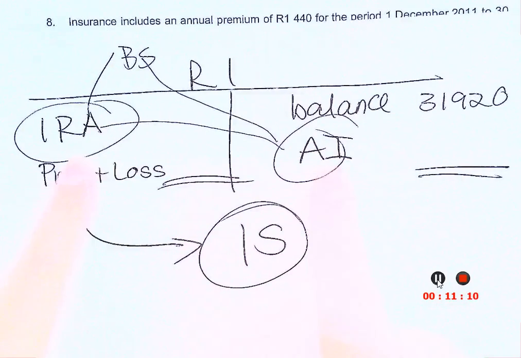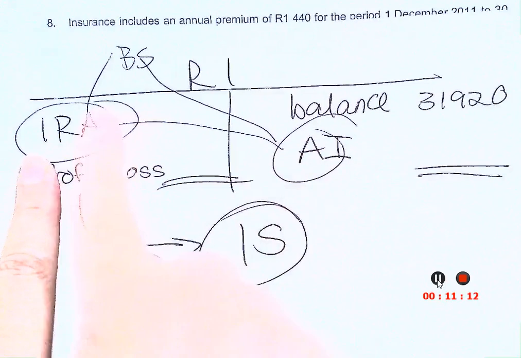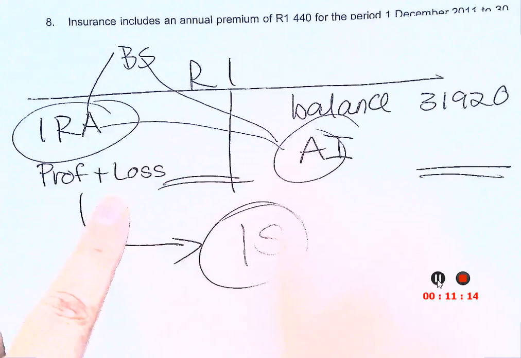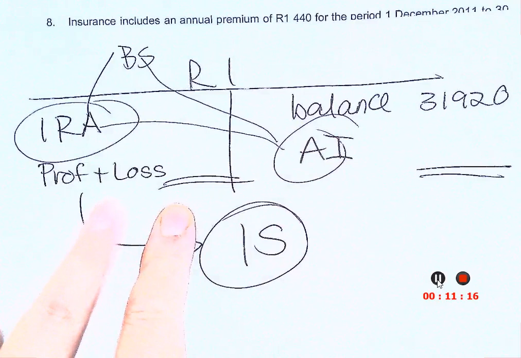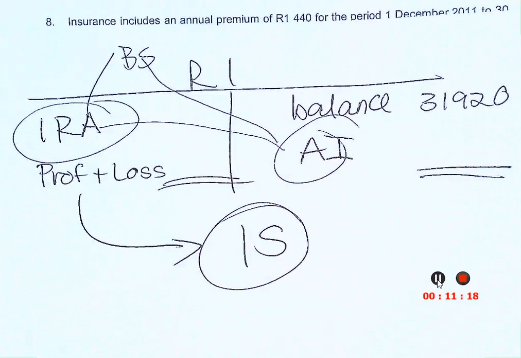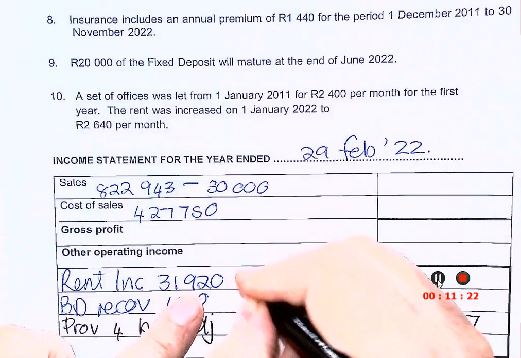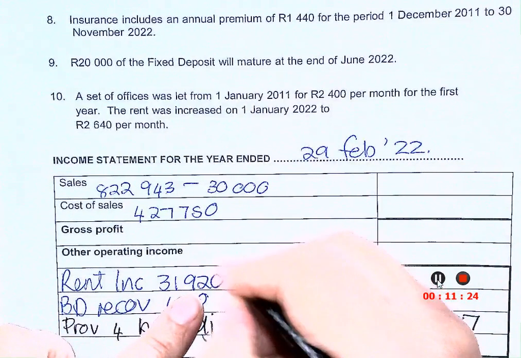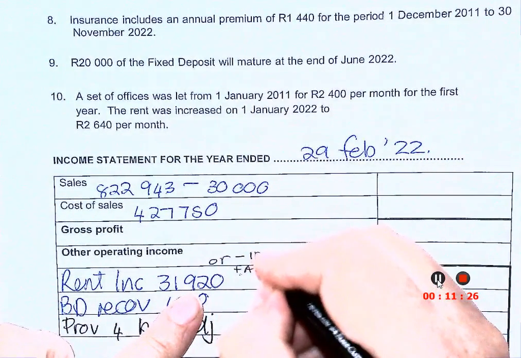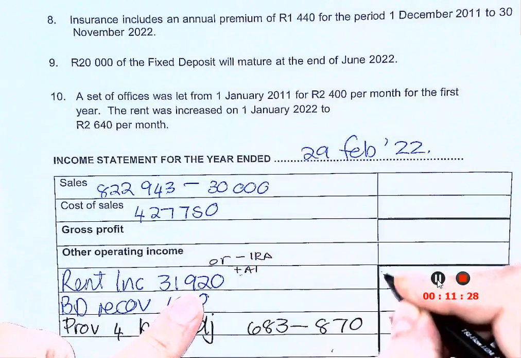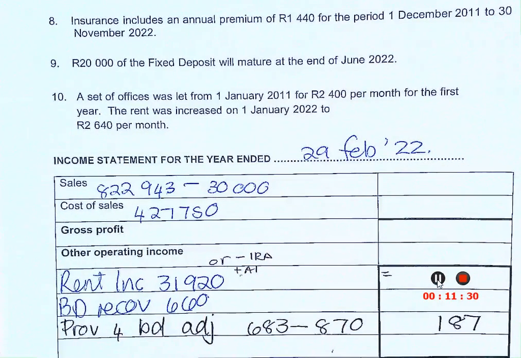Can you see they'll give me the adjustment? And then I balance it on profit and loss. So usually I would say plus the accrued income or minus the income in advance, and then I get the answer. That's how I usually do it.